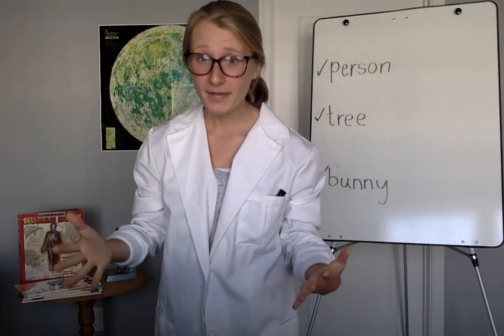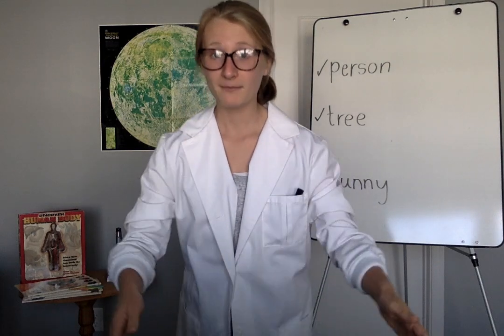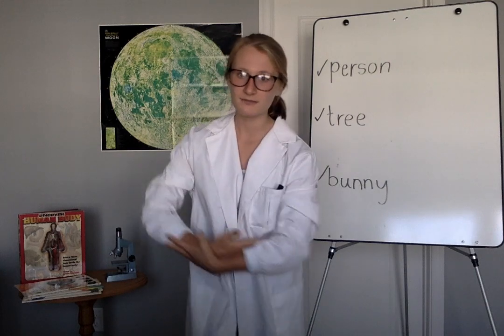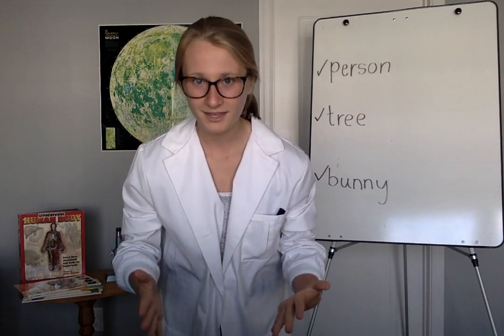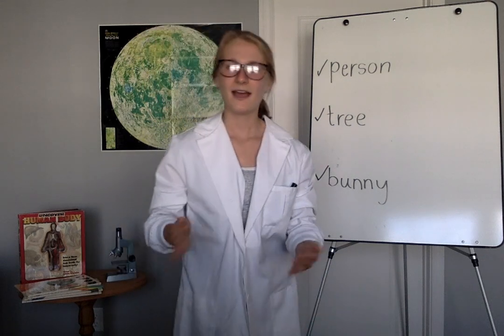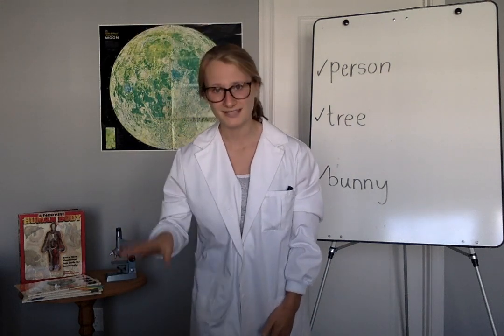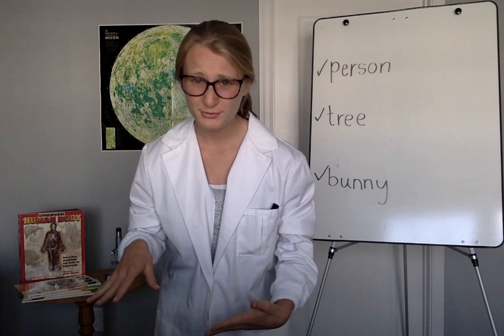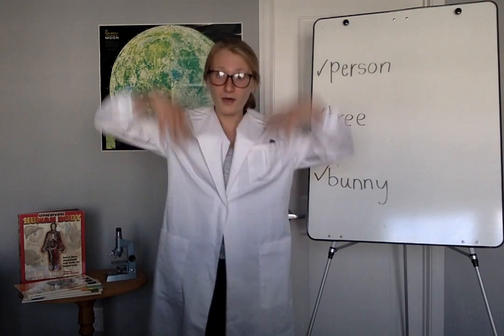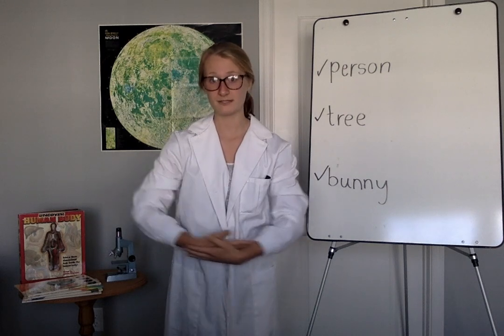It gets bigger or it starts to look different throughout its lifetime. That means it grows. And reproduce means that this living thing makes other living things. As always, there are some exceptions, things that don't follow these rules, but in general, living things grow and reproduce.